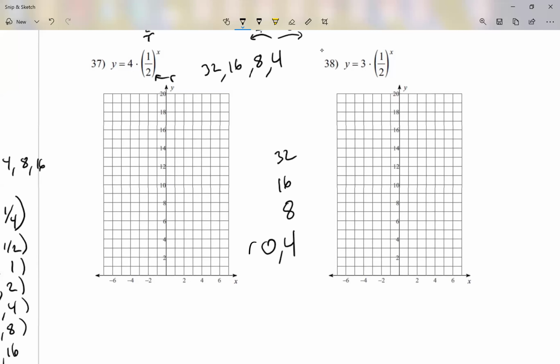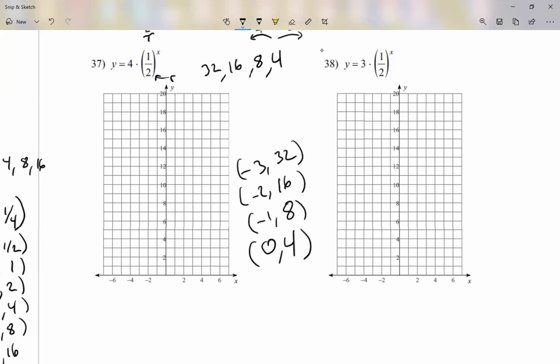I know my first value, my initial point, the X value is always 0. But in this case, because I went backwards, my X values are going to be negative now. -1, -2, -3, on and on. When I have a fraction as my ratio, I go backwards. Instead of going to the right on my list, I go to the left.